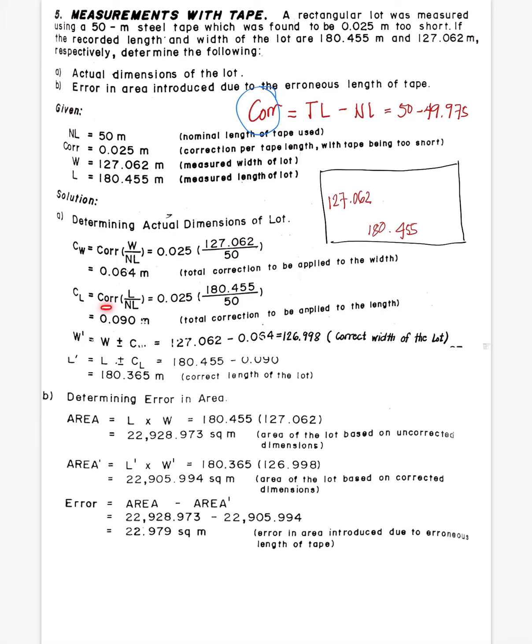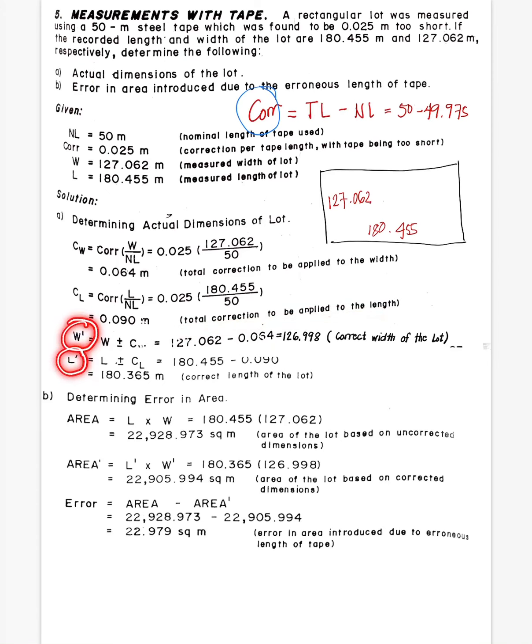And then also you have the correction for the length. So for the formula, you have the correction for the length is equal to the correction multiplied by the length over the nominal length. So you have the correction 0.025 multiplied by the length divided by the nominal length. So you have now the correction in length, 0.0990 meters. So that is the total correction to be applied to the length.